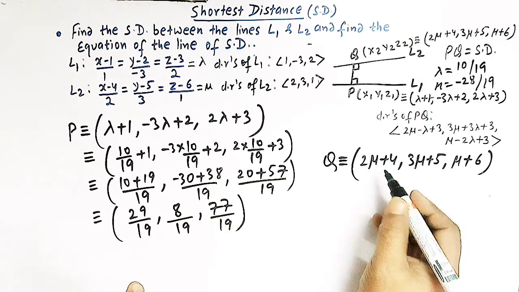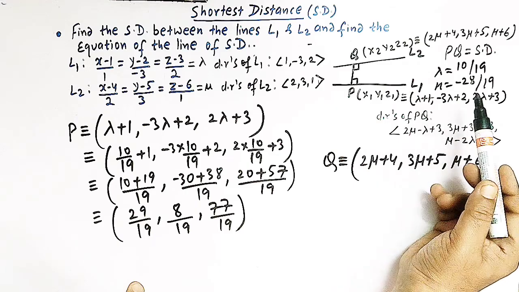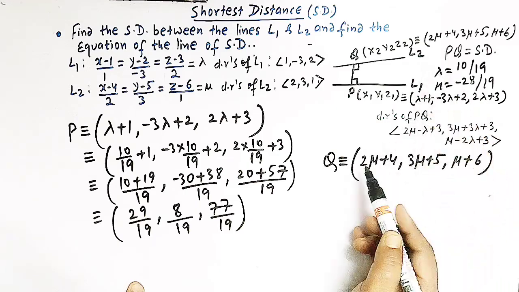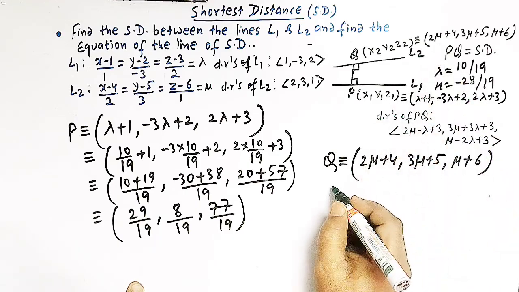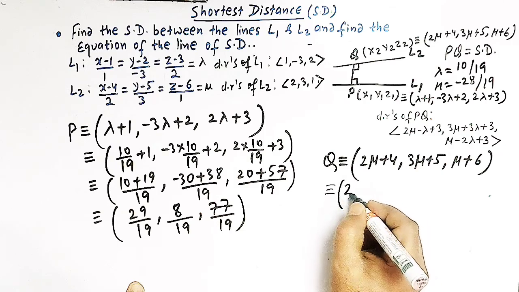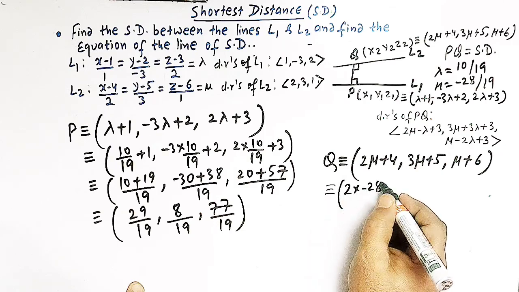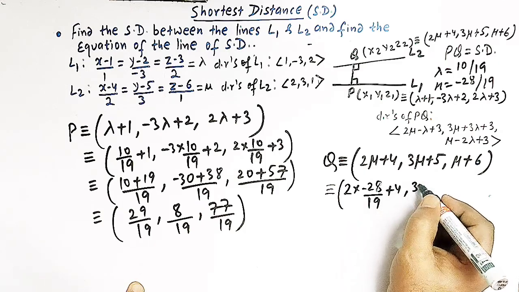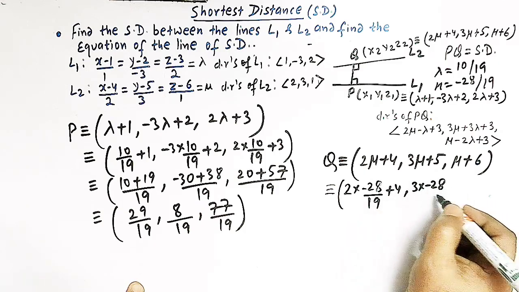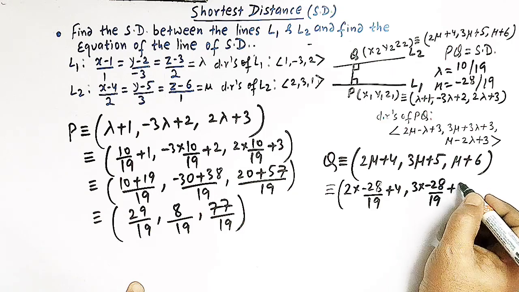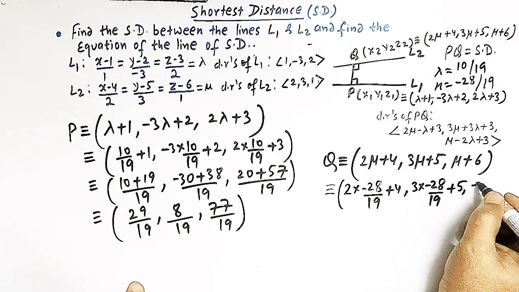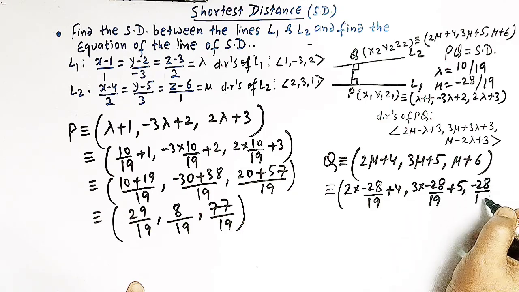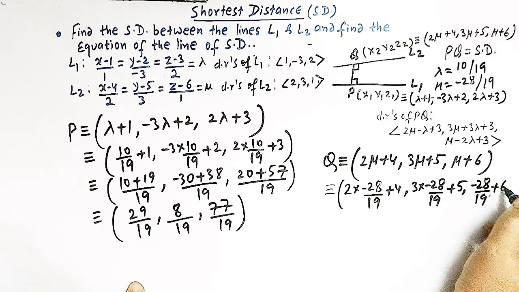So similarly, we can substitute the value of mu in this coordinate. So we have now here 2 times minus 28 over 19 plus 4, then 3 times minus 28 over 19 plus 5, then minus 28 over 19 plus 6.